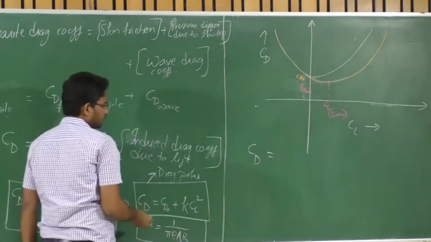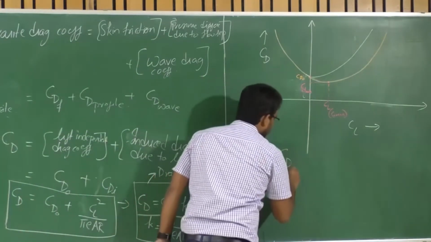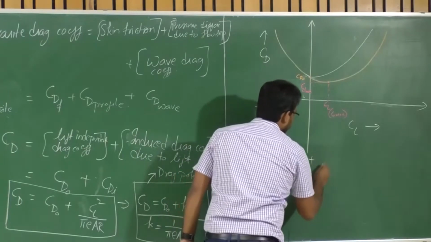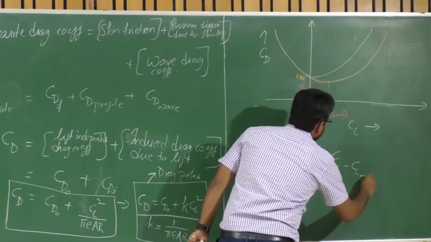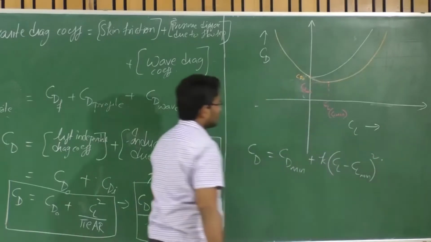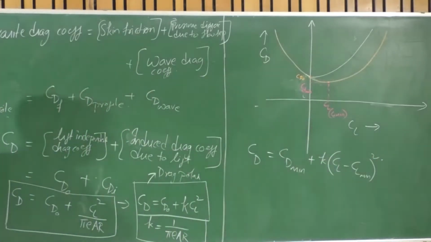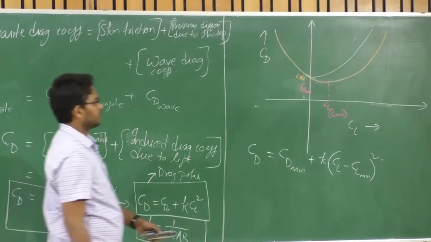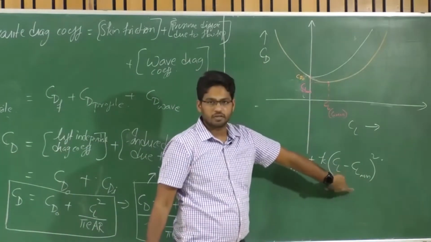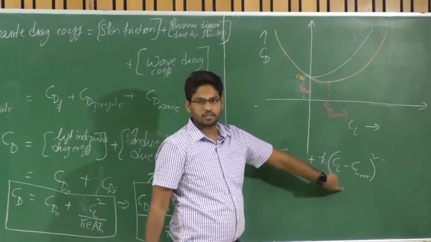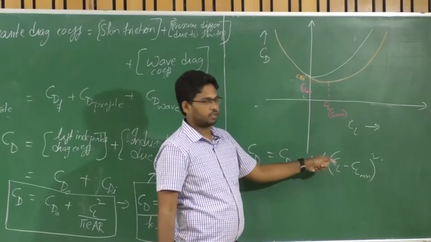I will change this equation to CD equals CD minimum plus K times (CL minus CL minimum) squared, right? So when CL is CL minimum, the contribution from the induced drag is 0 in this equation.